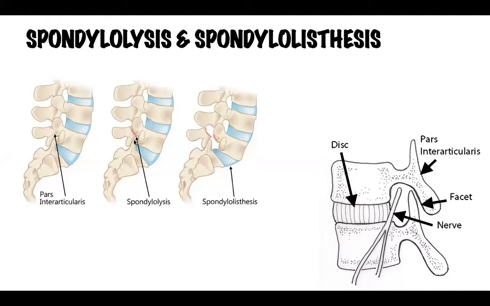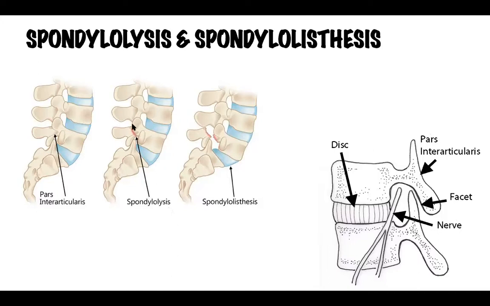Mostly this break occurs in L5 of the vertebra. This minor fracture is mainly due to repetitive strain injury. If you're continuously doing something, or sitting for a long time, or riding your bike for a long time, it is a minor crack. Most people don't even feel any symptoms when they have a minor crack. But almost 5% of the population gets affected by this condition, spondylolysis.